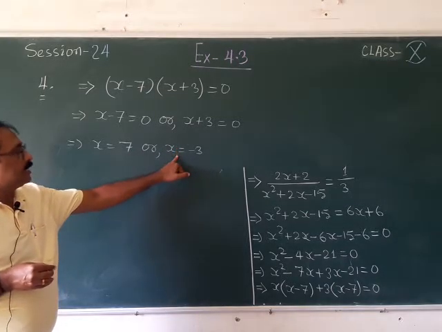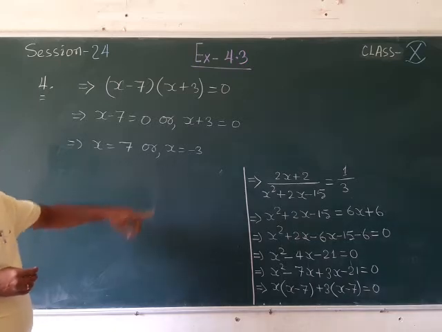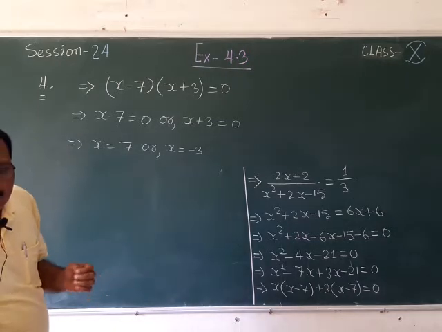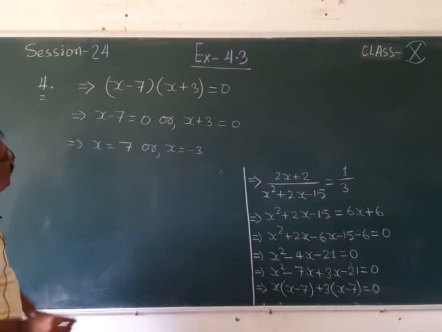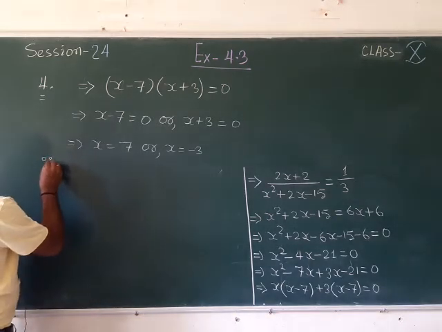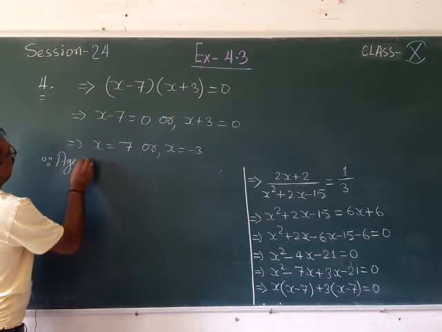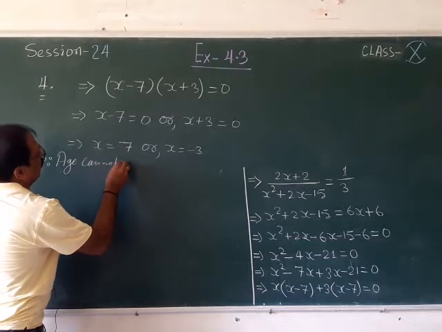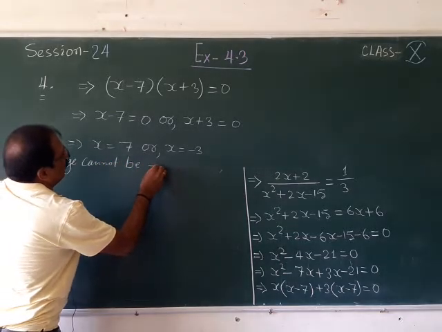as you are aware that age cannot be negative. So, avoiding the negative value, because you know that age cannot be negative. Since you have to write age cannot be negative.